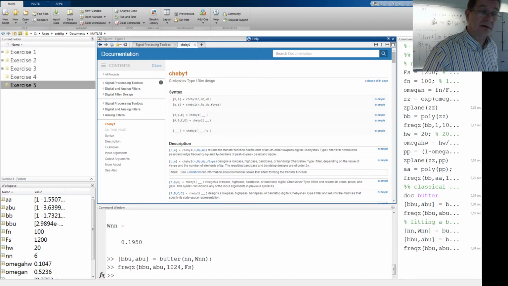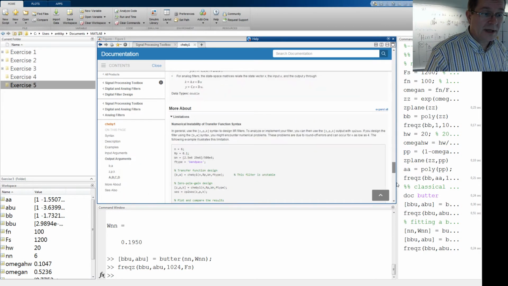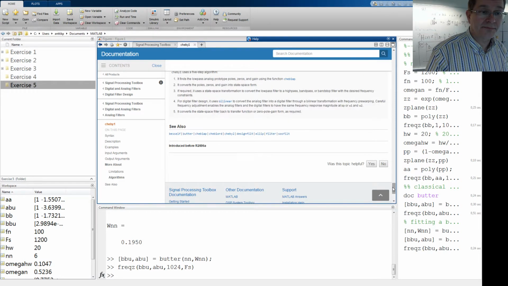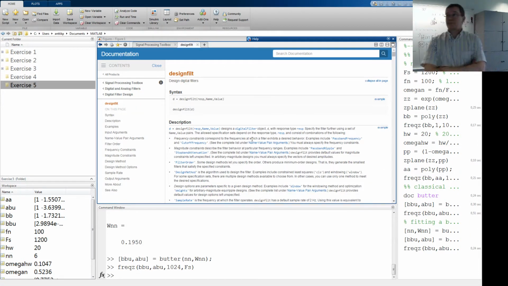And elliptic also. You can play with those. There's also a nice package on these computers. Basically, you can use some of these design subroutines. Design filter designs any filter, IIR, FIR. You just need to give it parameters, and it does everything for you.